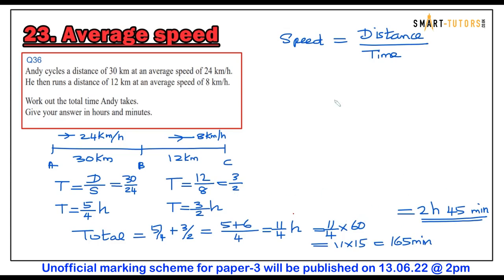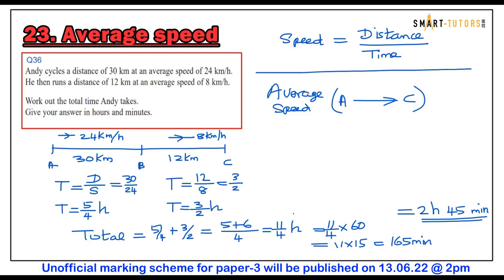Now in case they ask for average speed between A to C, they didn't ask this question, I'm just further explaining. Average speed means total distance divided by time taken.